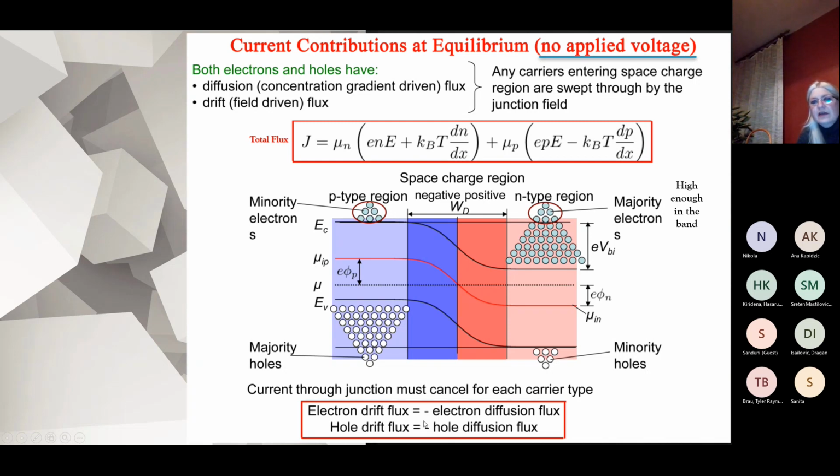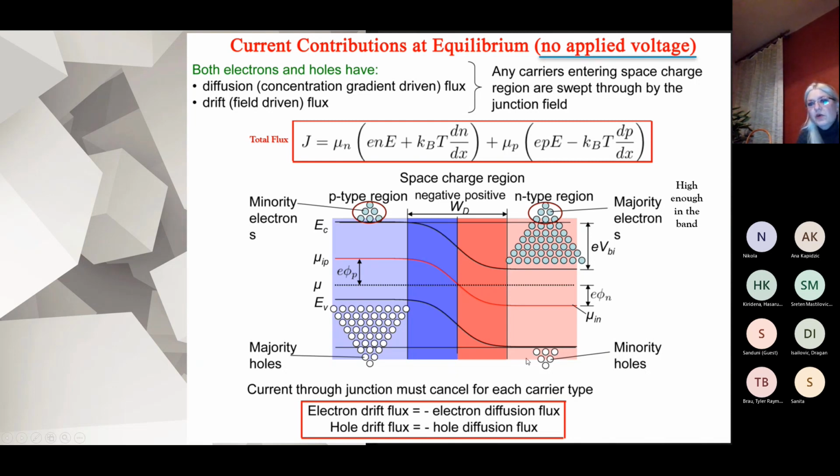Here we said that the electron drift flux and the electron diffusion flux, and the current through the junction, must cancel for each carrier type. Same story absolutely for the holes.